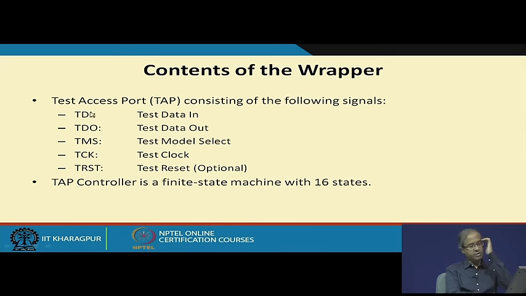So, you see that the concepts used here are very similar to the scan path concept that we had seen just earlier. And this TAP controller is again a sequential circuit, a finite state machine, and there are 16 states actually; I am not going into detail. It is not a very complex controller, quite a simple one.